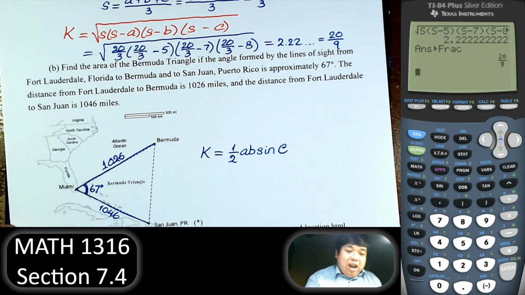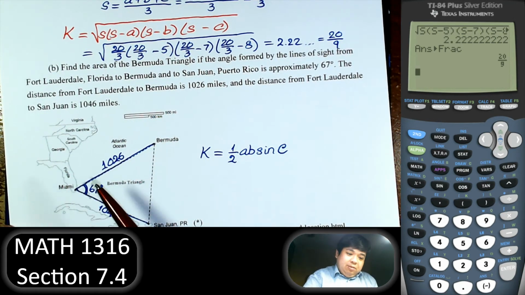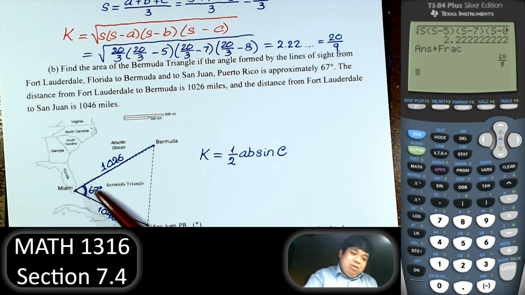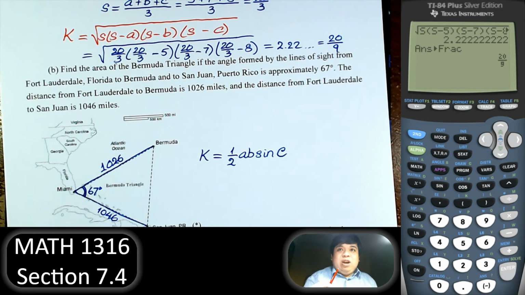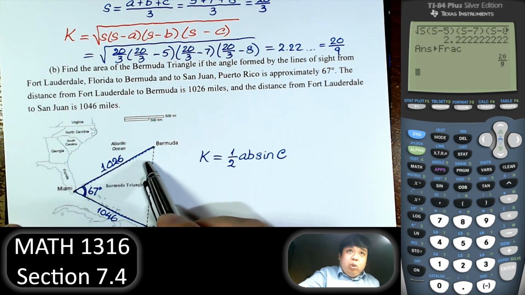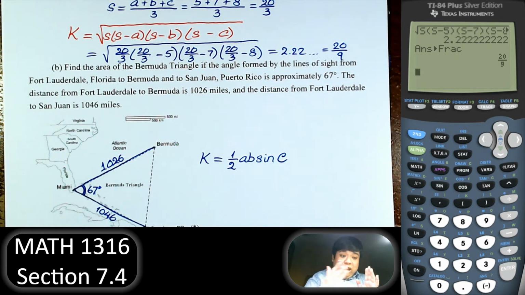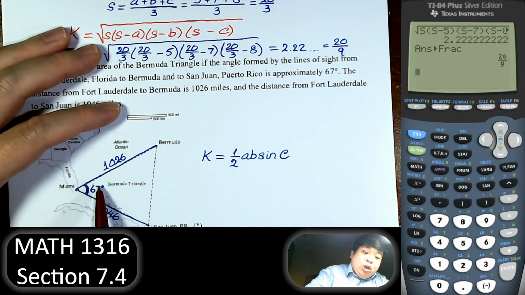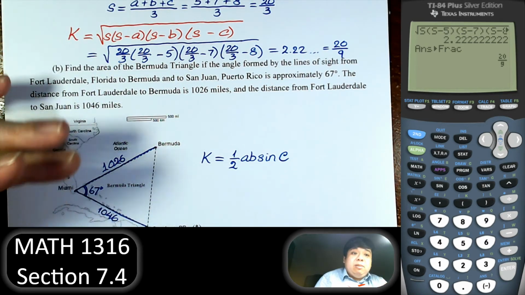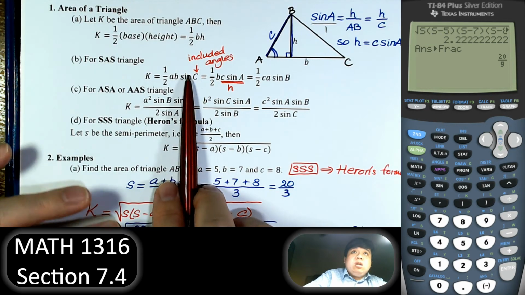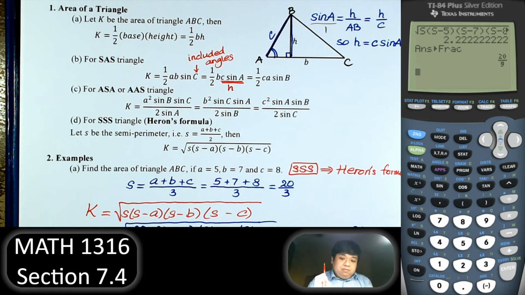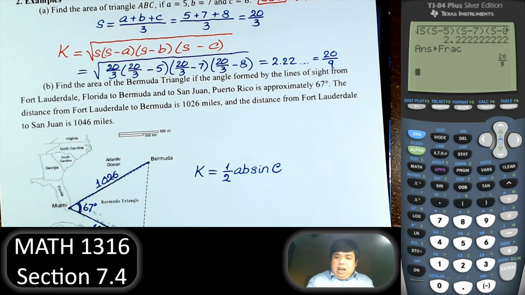By the way, here we have two sides and an angle. Just go ahead and use that, but don't just jump to conclusions. If the angle is here, we cannot do that. We can use this because in this case we do have the angle between the two sides. That formula works if the angle is between the two sides. If we're not sure, we can always assign the letters, right?